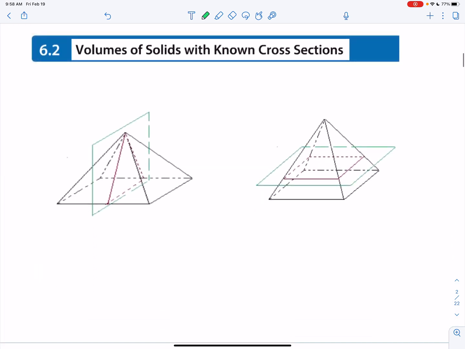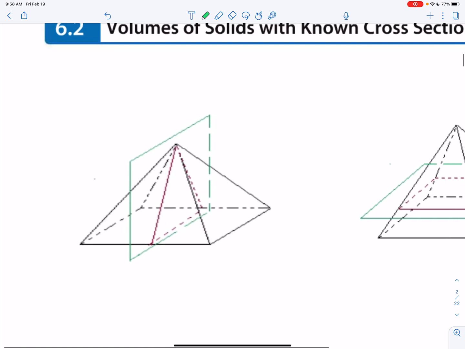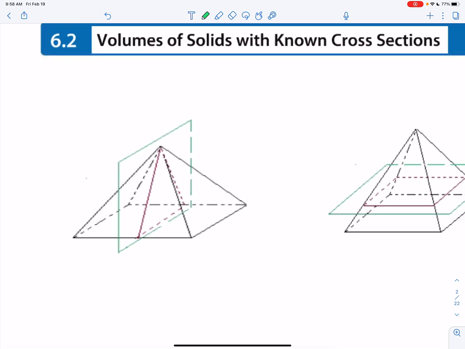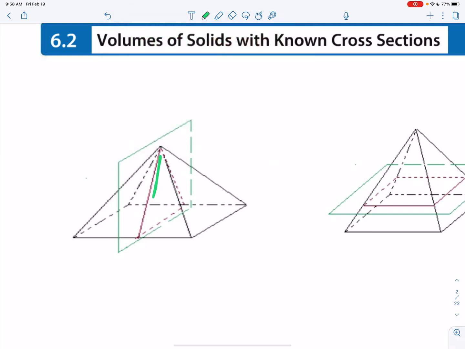But let's say that you take a look at this pyramid, right? Notice how if you had, let's call this cake, right? You had this cake in the shape of a pyramid. If you were to slice it vertically, right from the, I believe it's called the apex, all the way down to the bottom, notice how that cross section is in the shape of a triangle.